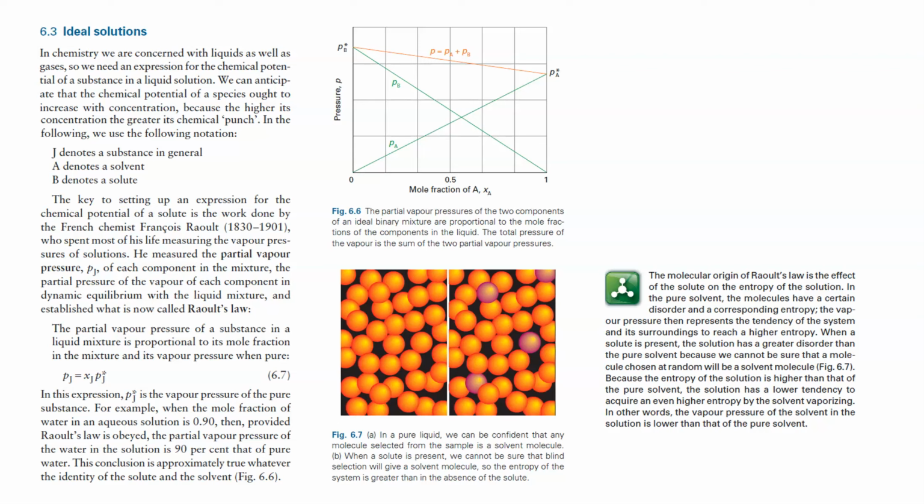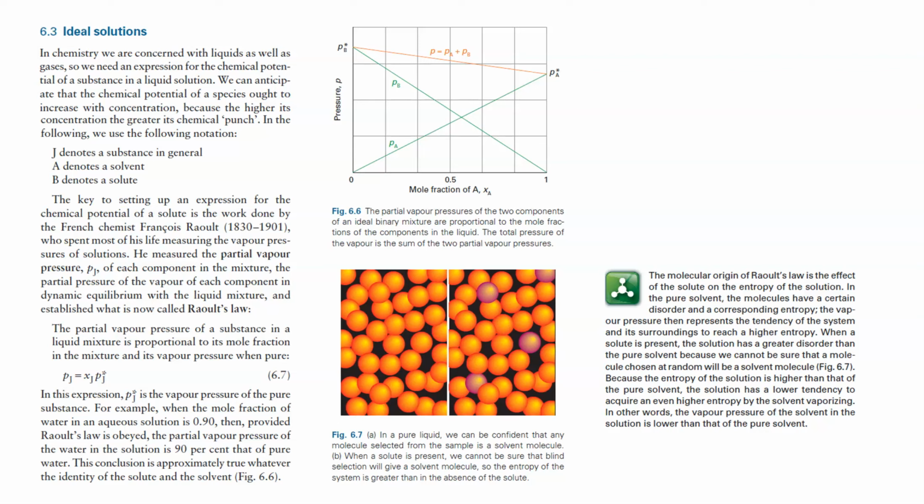The key to setting up an expression for the chemical potential of a solute is the work done by the French chemist François Raoult, who died in 1901. So this is foundational work that happened well over a century ago. He spent most of his life measuring the vapor pressure of solutions.